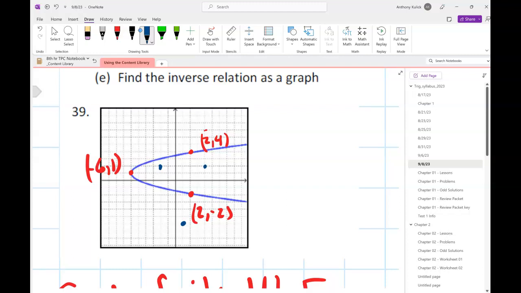And I'm just going to connect them. I'm going to keep in mind if this was the vertex before, that's going to be the vertex now. Like that. And I'm done.